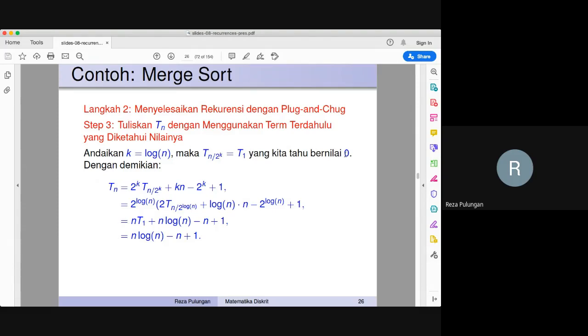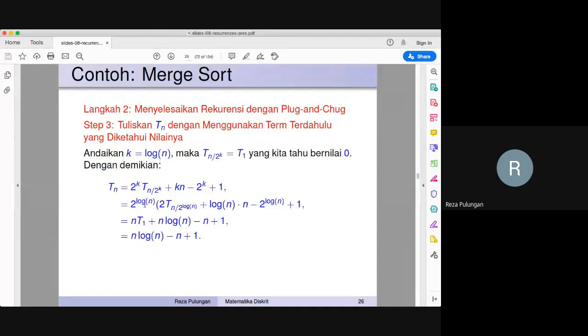What is this? It's equal to 0. So we just put it into the pattern that we know: 2 to the power of k multiplied by Tn divided by 2 to the power of k plus kn minus 2 to the power of k plus 1. We know k, so replace all of the k here by what we know.